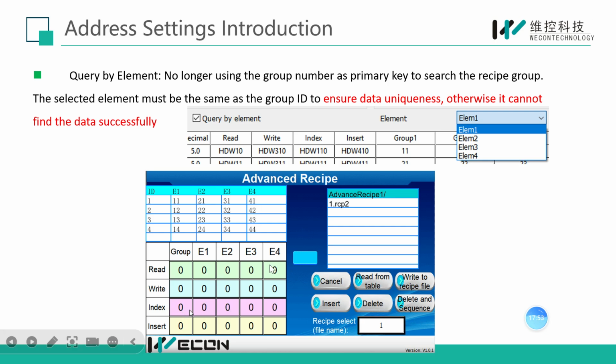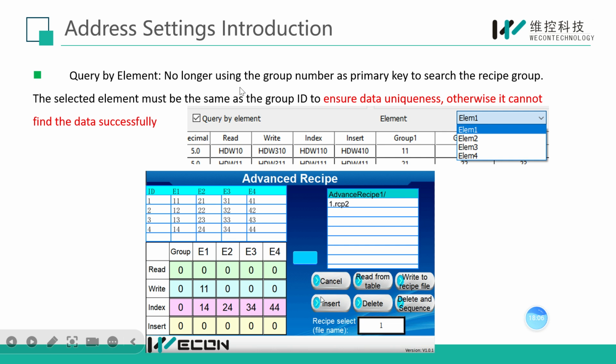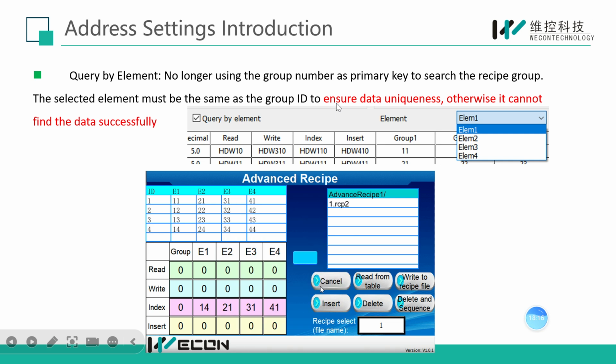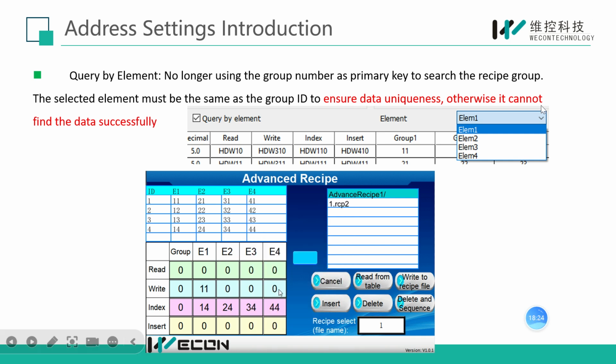This one uses a specific corresponding element to query our groups. We must notice that if we want to use the corresponding element to query our group, we need to ensure that our element data must be unique, otherwise it cannot find the data successfully.